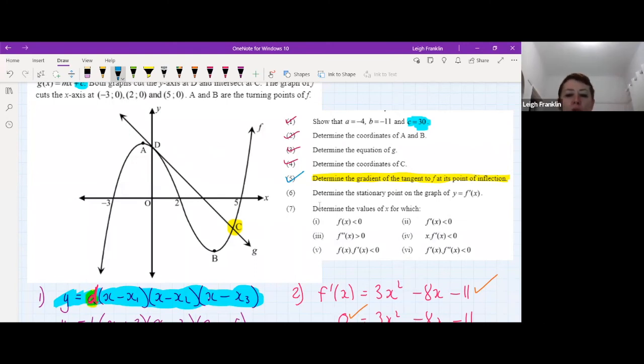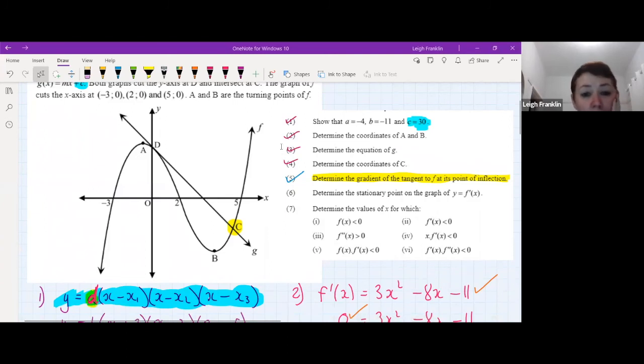What is the graph of y equals f prime x? It's the graph of what? Anybody know? Yes, absolutely.